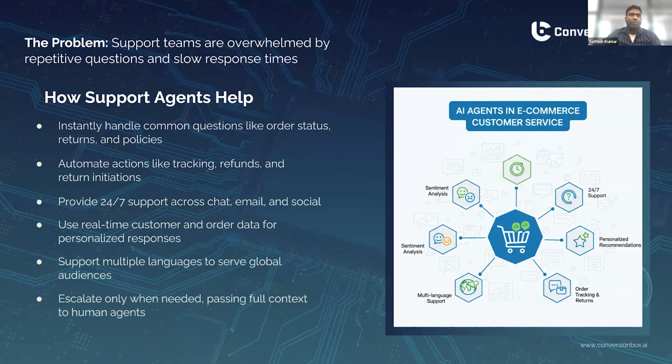So if they want to issue a refund, the system itself can do that for them, or check the order status or product availability status. The AI agents can do that. You can build a tool not only for your customers, but even for support agents, to reduce their work.